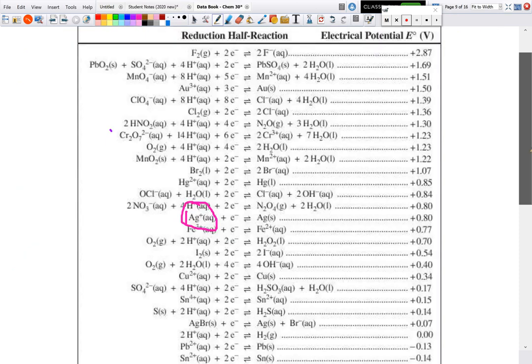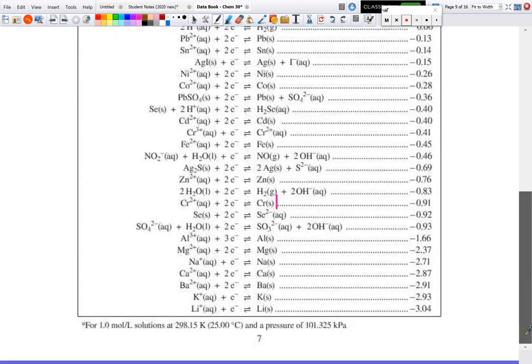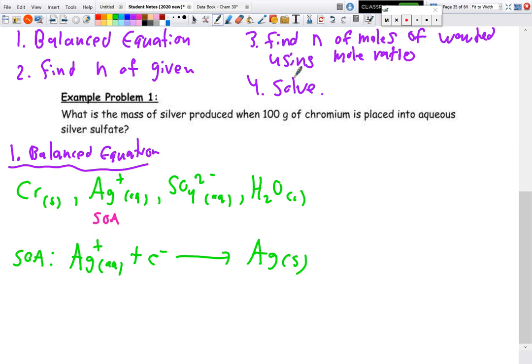Now, same in our data book, if we want to find our strongest reducing agent, we start at the bottom right-hand side and start going up until we come across our first substance, which in this case we'll notice is chromium solid. So that means that chromium solid is our strongest reducing agent. So we can take this half reaction and put it just down below as our strongest reducing agent.